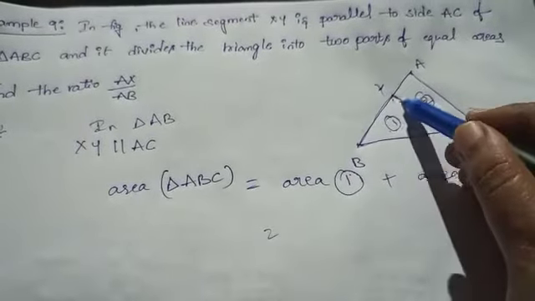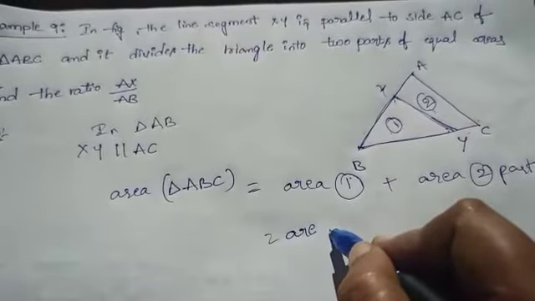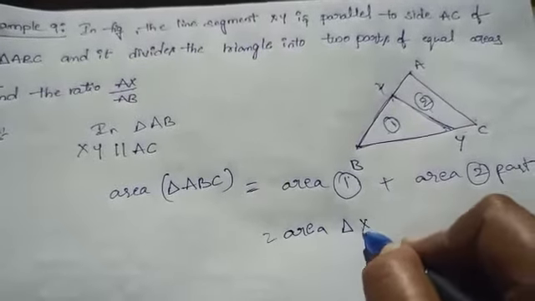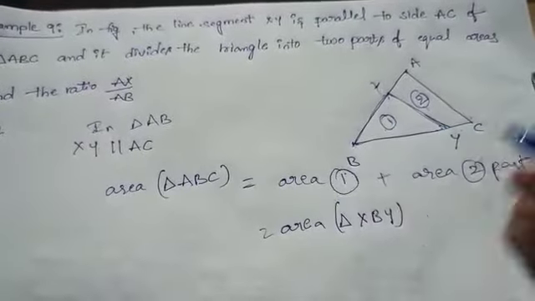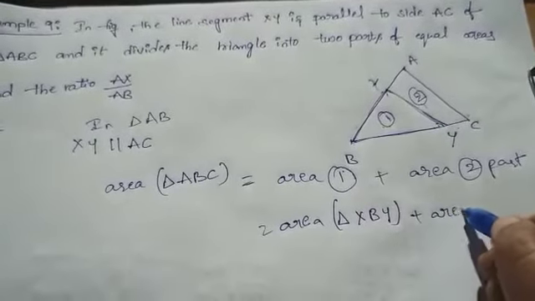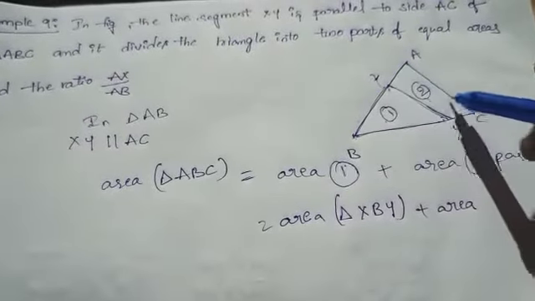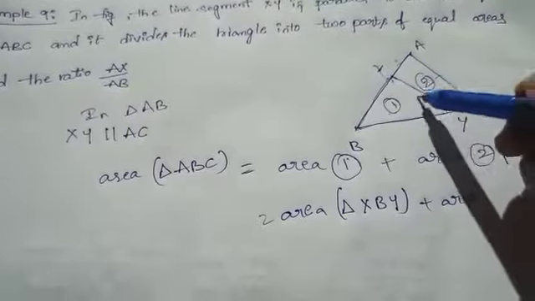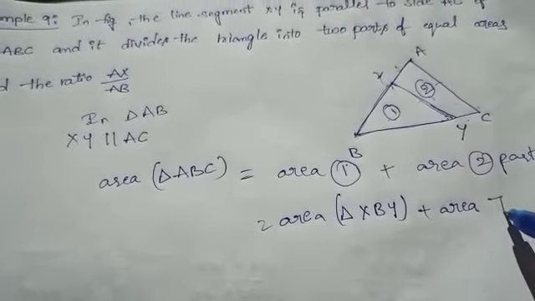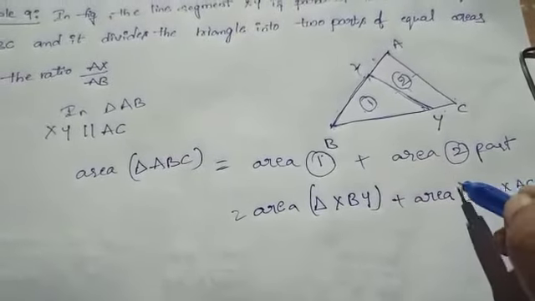This is one triangle, area of triangle XBY. This is the area of the second part. It is like a quadrilateral. Okay, it has four sides: 1, 2, 3, 4. Quadrilateral XACY.